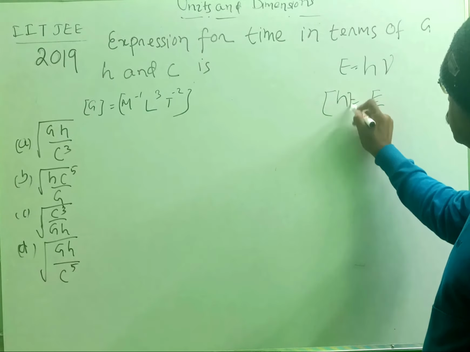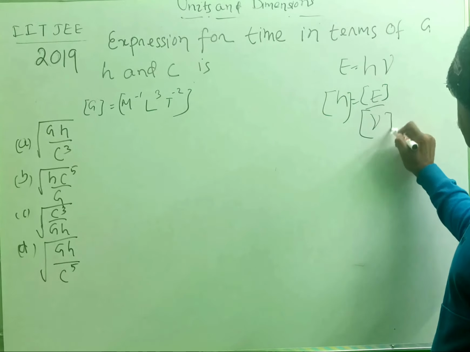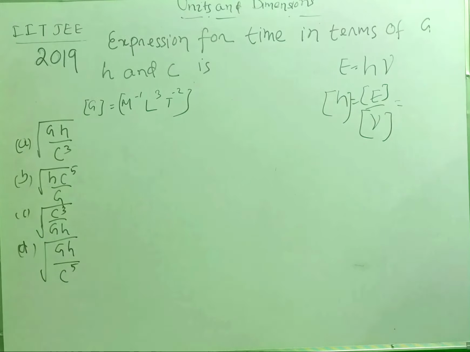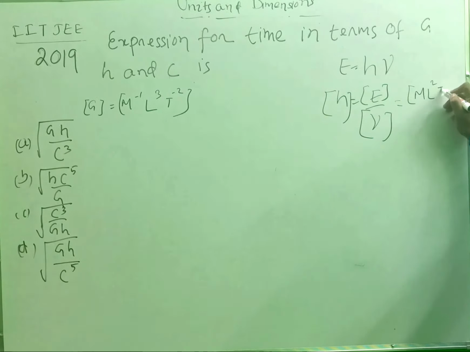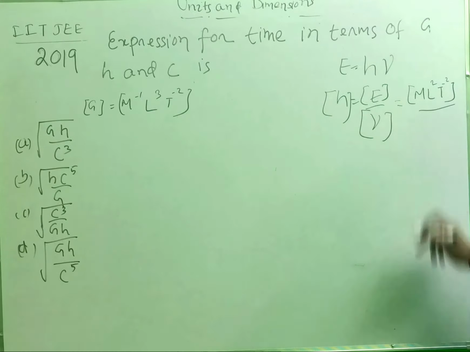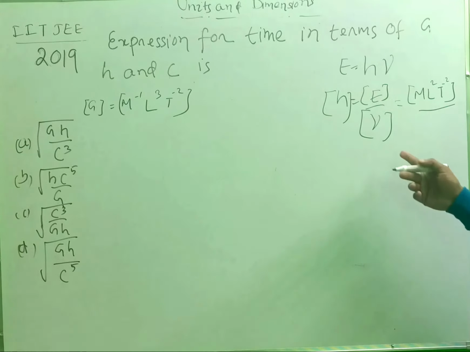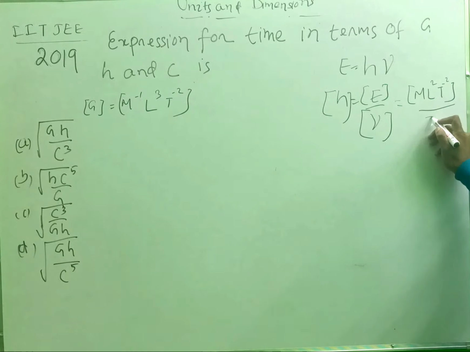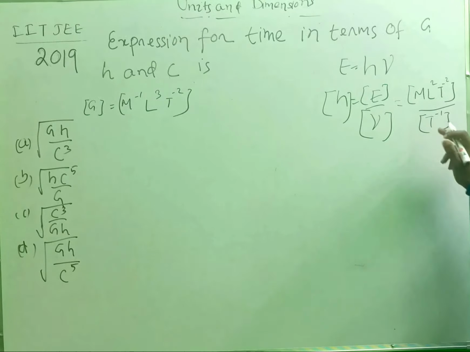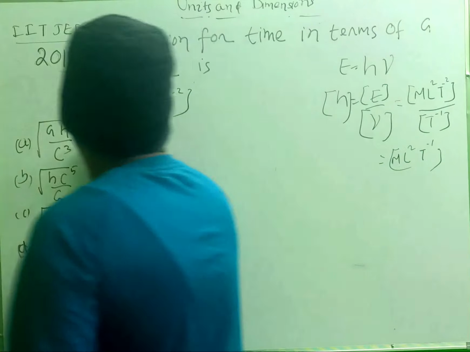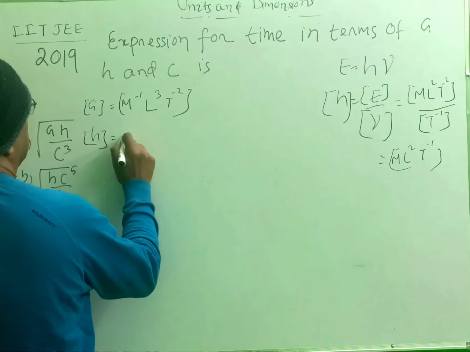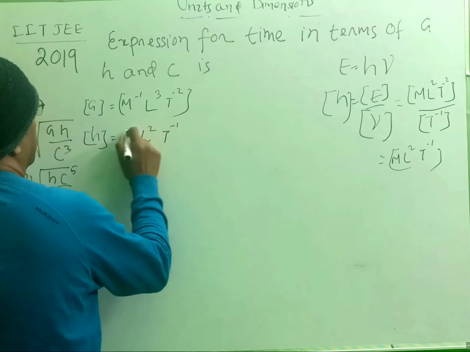So dimensions of h will be dimensions of E upon dimensions of nu. We know that energy has dimensions M L square T to the power minus 2, and what is frequency, student? This is the number of oscillations per second. So this is T minus 1, where T is the time period. So this becomes M L square T minus 1. This is the dimensions of Planck's constant. We write it here, M L square T minus 1.